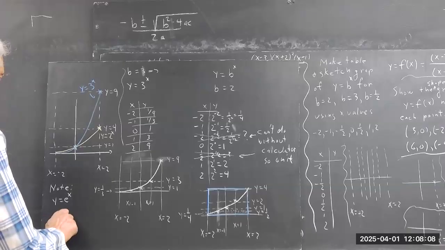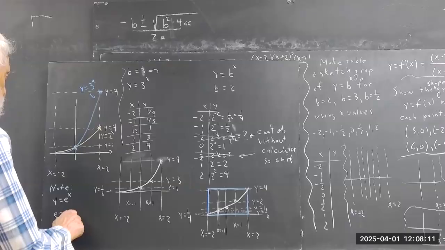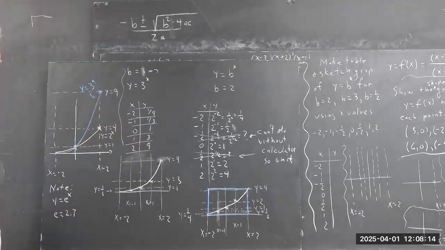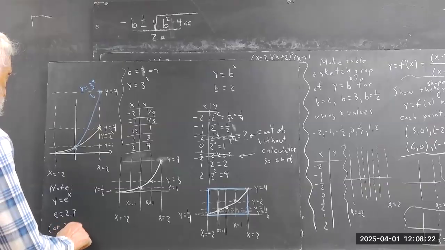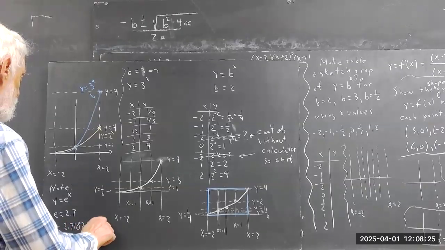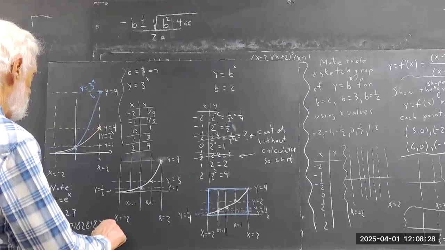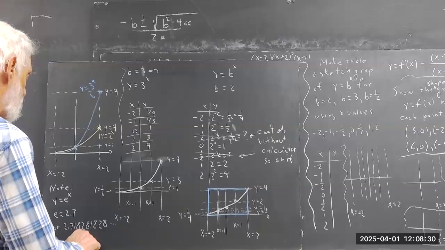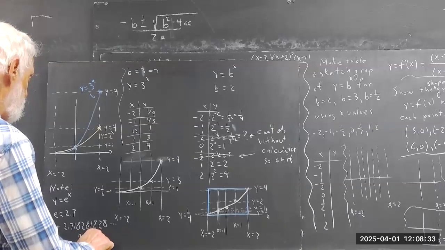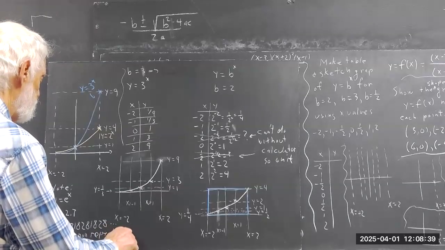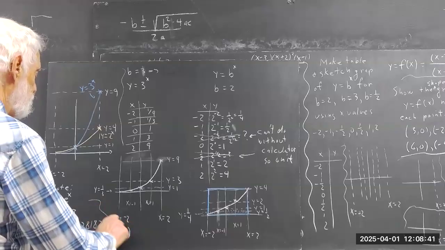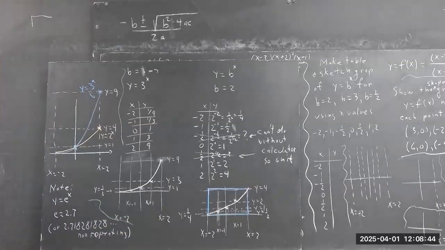Y equals e to the x. E is approximately 2.7, which is closer to 3 than it is to 2. Store this away, especially if, as a few of you might well do, you get into an engineering calculus course.